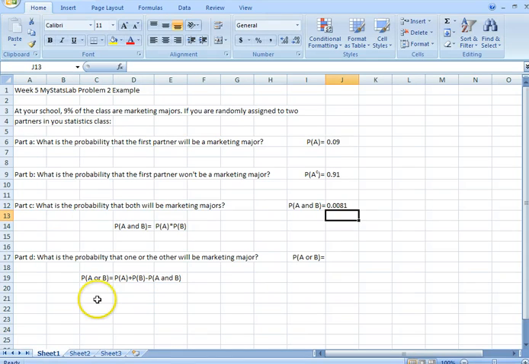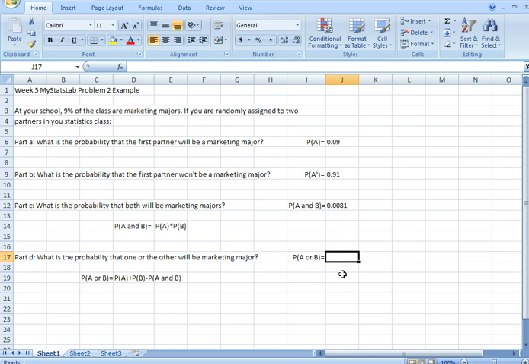We know the probability of A is 0.09. We know the probability of B is also 0.09. And we just calculated the probability of A and B, which is 0.0081. So we can use all of that to come up with our answer here.